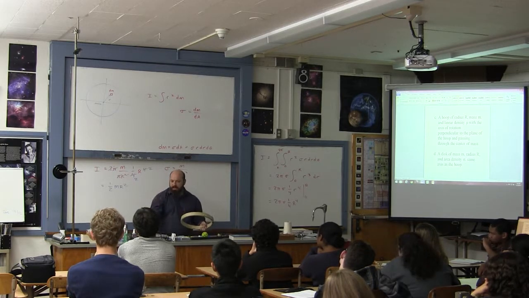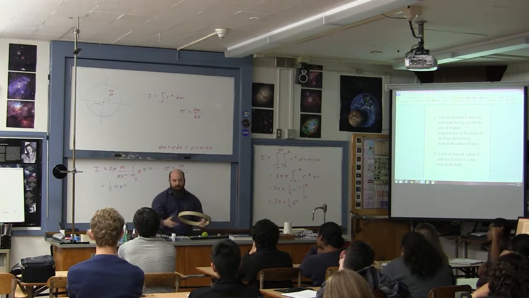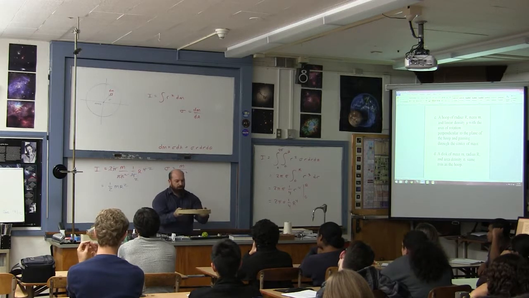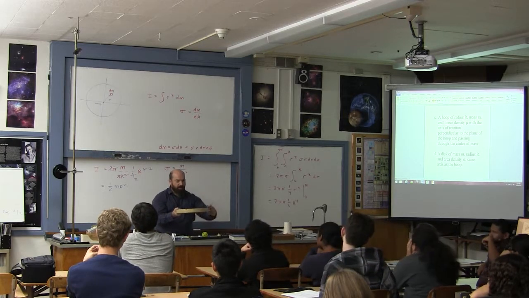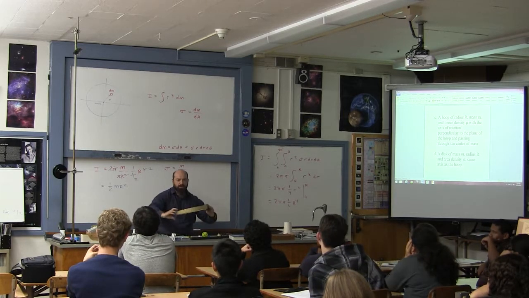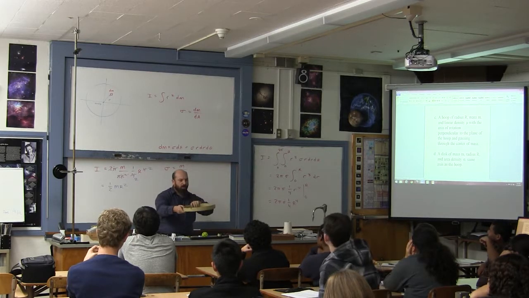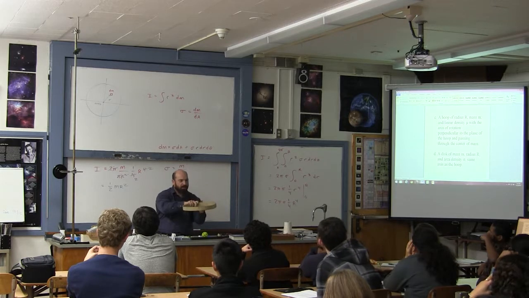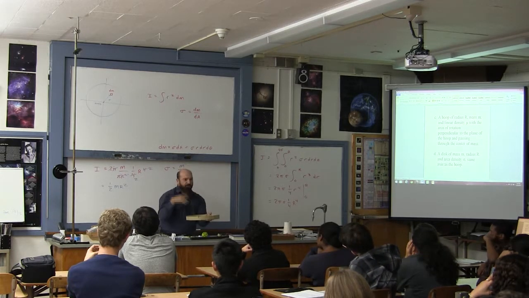And then there is a second theorem called the perpendicular axis theorem that allows us to do the following. Start with a situation where we once again rotate the hoop, say like so, with the axis like this. But then, how would you find the rotational inertia of the hoop if we instead rotated it like this, or like this, about an axis that is perpendicular to the first one?